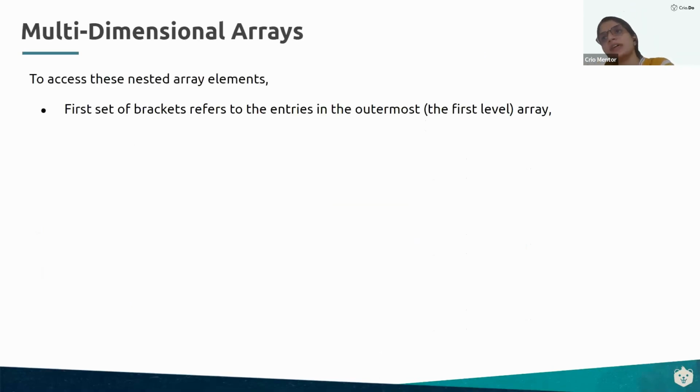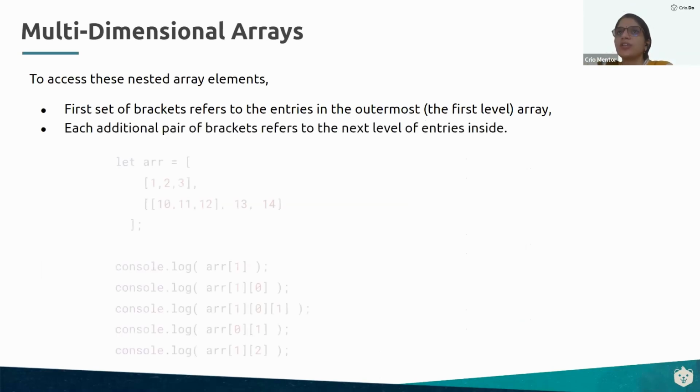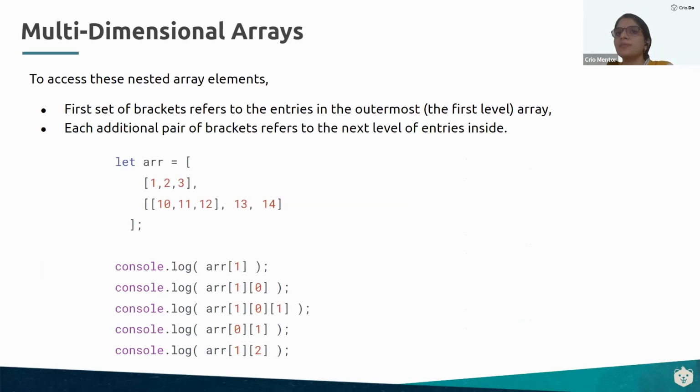Nested arrays, multi-dimensional arrays are nested arrays because we have an array inside an array. We already talked about how we access them. So if we are having this kind of an array which is holding elements in the child arrays, if I write a pair of brackets with 1, then I'm talking about the first index. The first index deals with this complete child array.